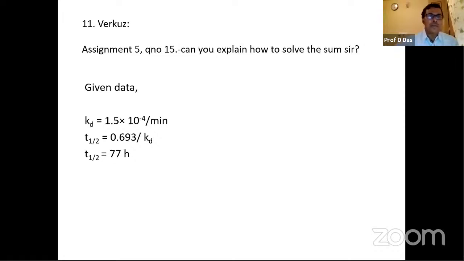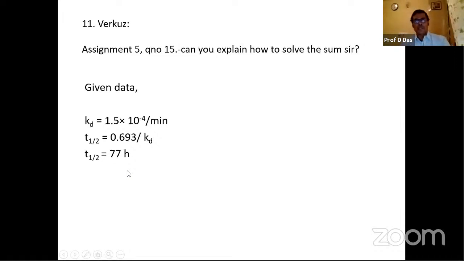So how can you calculate the T half value? Suppose T half is the half-life. How can you write T half? T half equals ln2 by kd. Am I right? So if you divide by the kd value, you can find out T half equal to 77 hours.